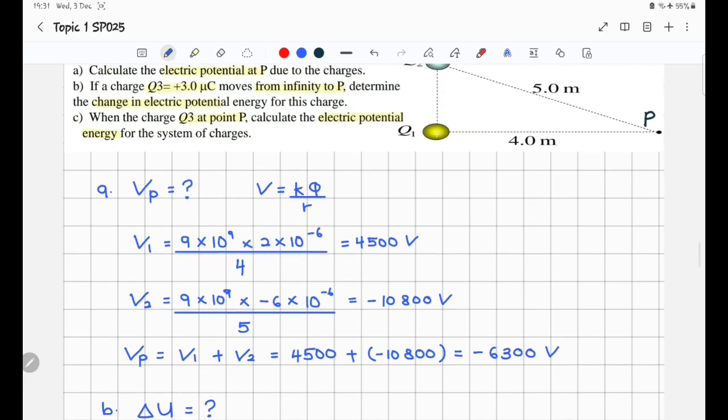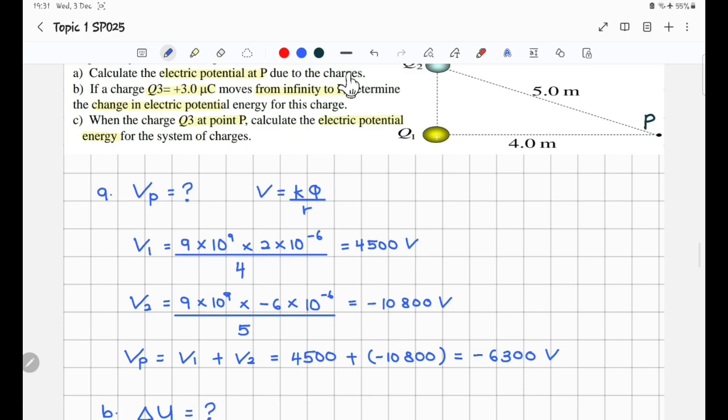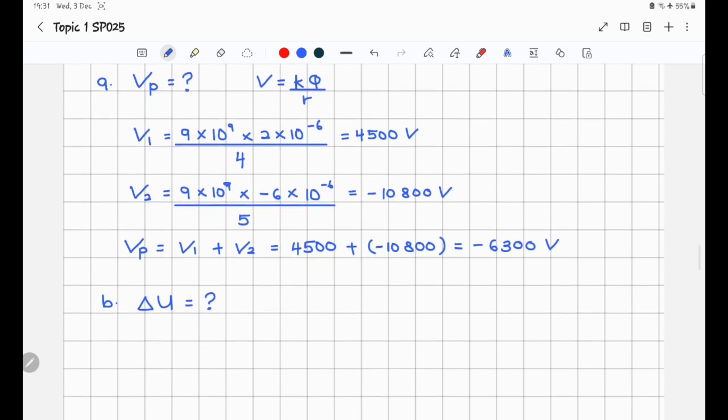Okay, so for part B, we want to find the change in potential energy due to a charge that is moved from infinity to point P. If we apply equation number 6, we have change in potential energy delta U equals Q delta V. Here we need to understand the meaning of delta V. Delta V is the potential difference, the difference between potential final and potential initial.